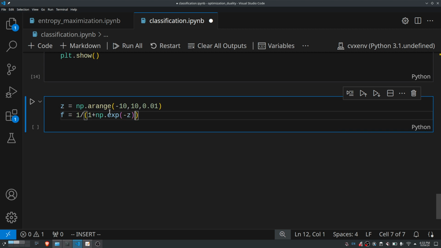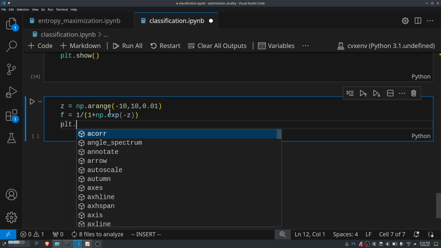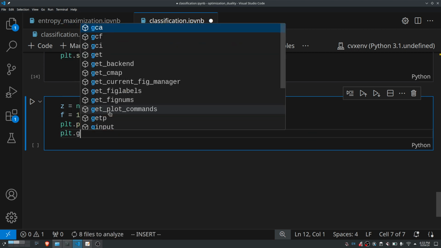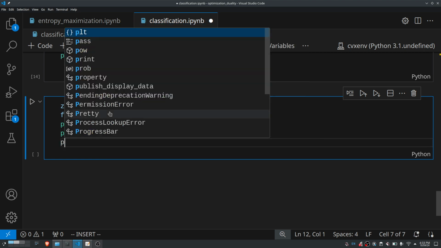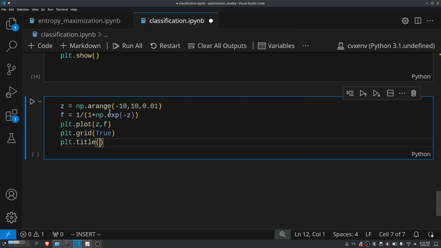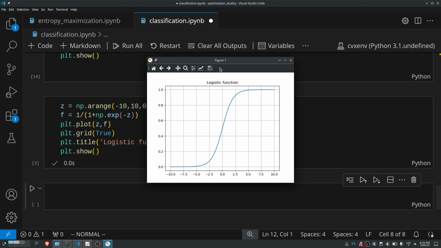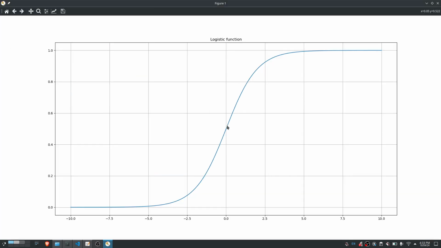So it's 1 by 1 plus e to the minus z. So this is what it looks like. What is the value of f of 0? It will be half, right? 1 by 1 plus e to the minus 0, which is half.